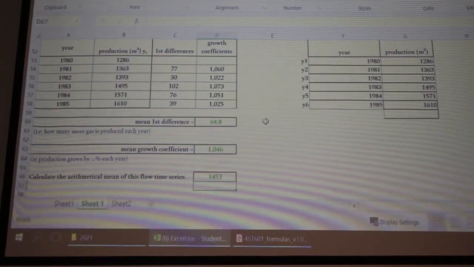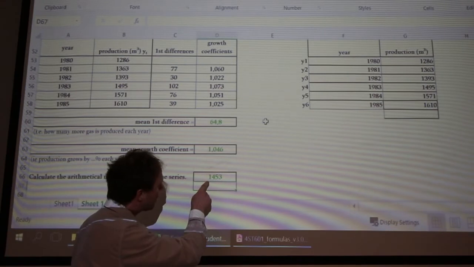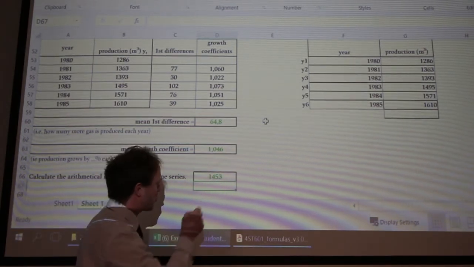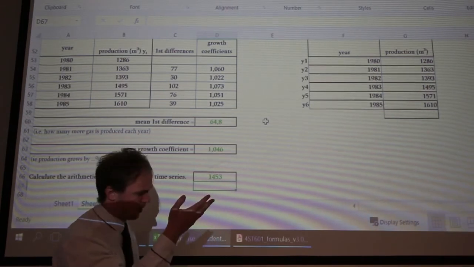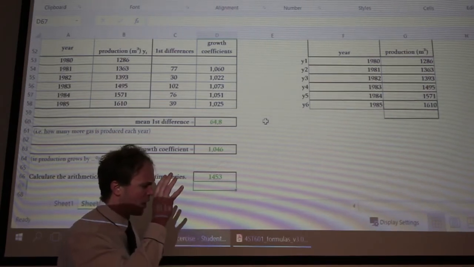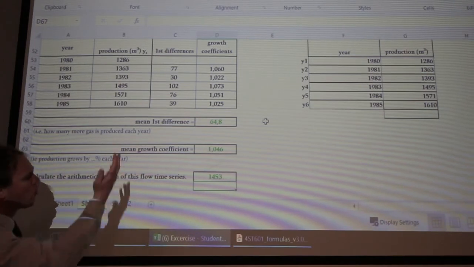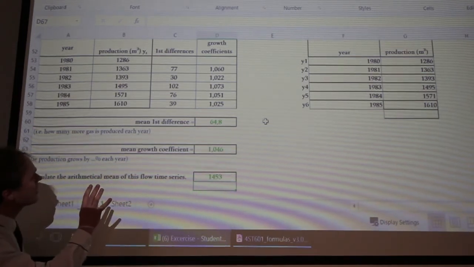Enter, and the result is 1453 cubic meters. Average annual production.